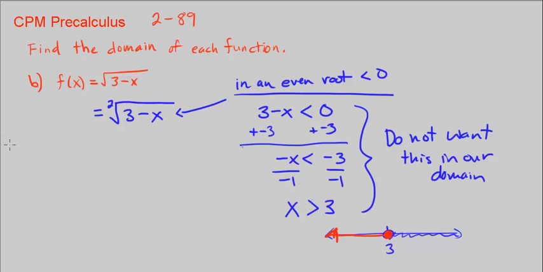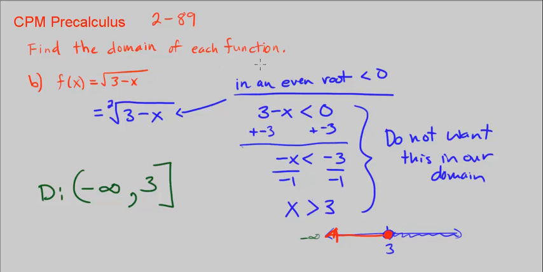So our domain is going to be starting at negative infinity, all the way over here, and we stop at 3. So our domain is negative infinity, stopping at positive 3, right? And we're going to use a bracket here because this is a closed circle. Okay?